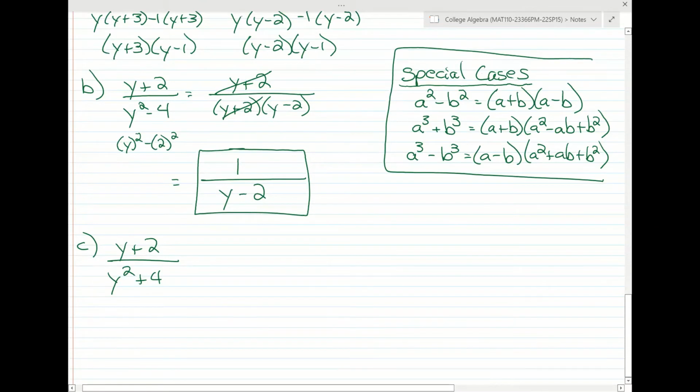Is there a special case for y squared plus 4? Yeah, that's not one of the special cases, right? So that's not one of those 3. So this doesn't factor, which means it also doesn't simplify.